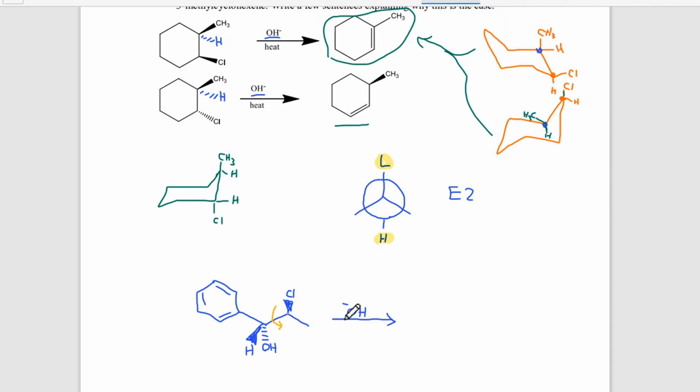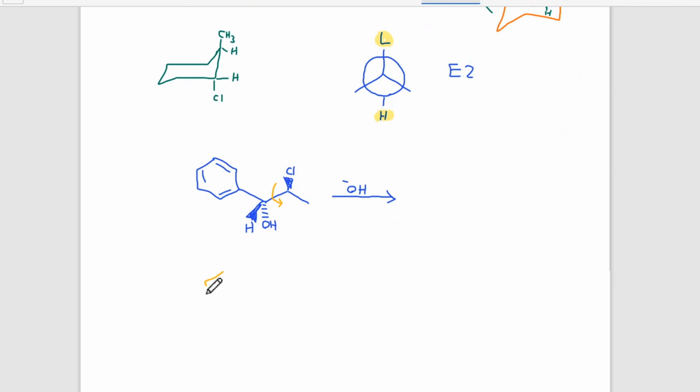So if I rotated this around such that I put chlorine in the back, the methyl group would be in the front. Now the chlorine has been shifted to the back position, and the methyl group ends up being in the front position.